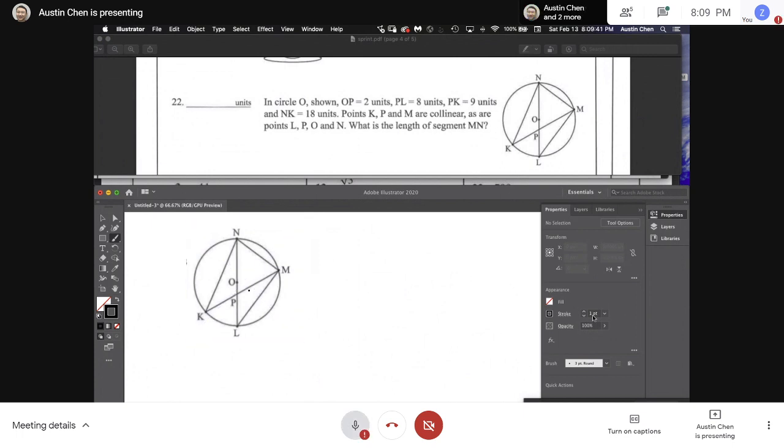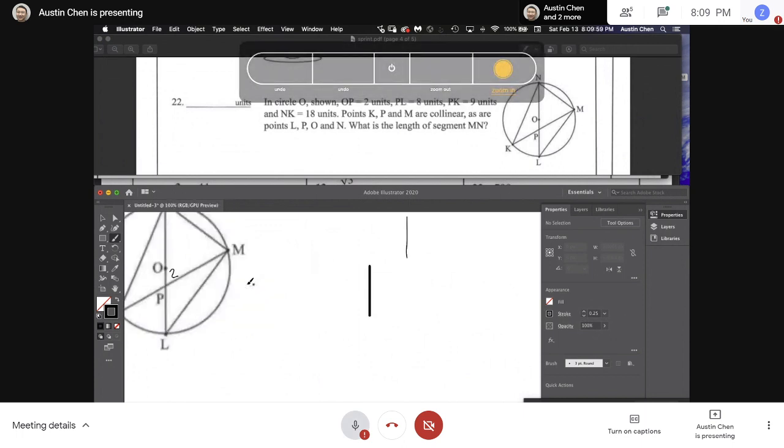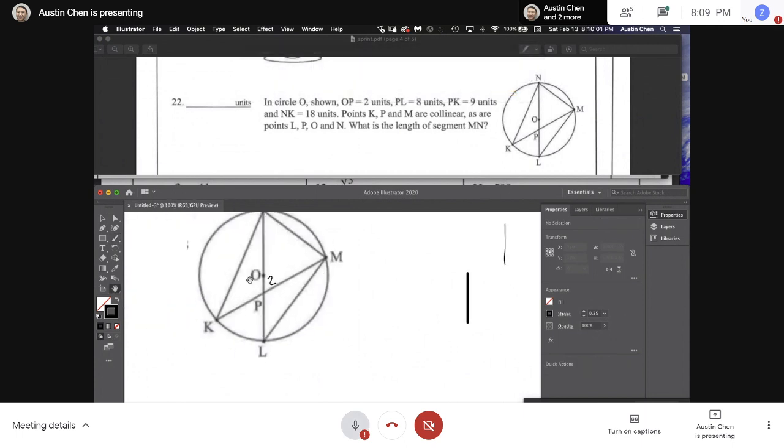It's on 1. I literally just put it onto 0.25. Maybe it doesn't accept decimals. No, it was working before. See, now it works. I don't know. Oh, Adobe Illustrator. Okay.